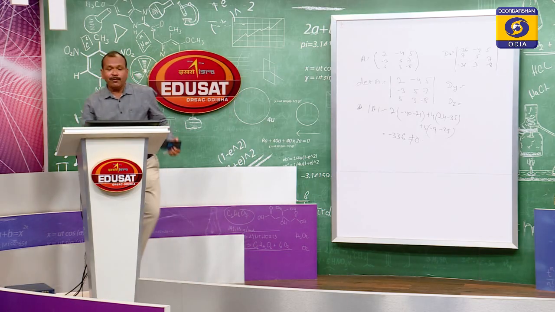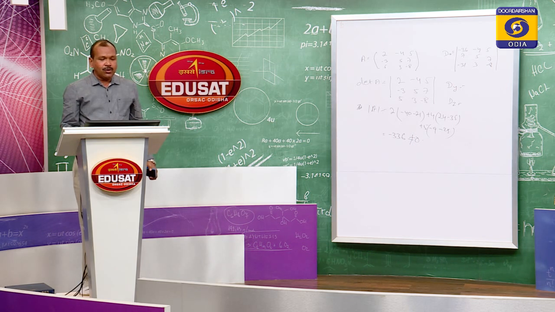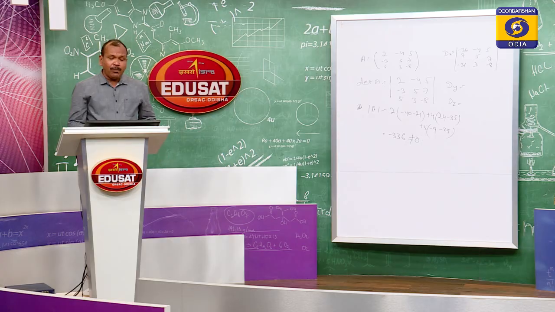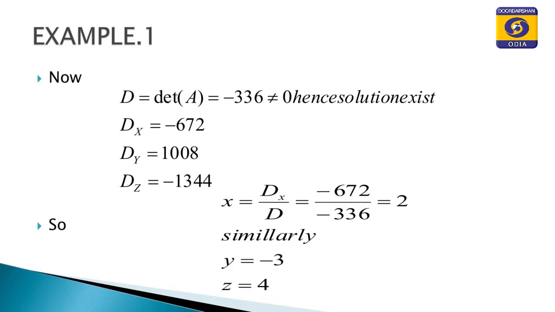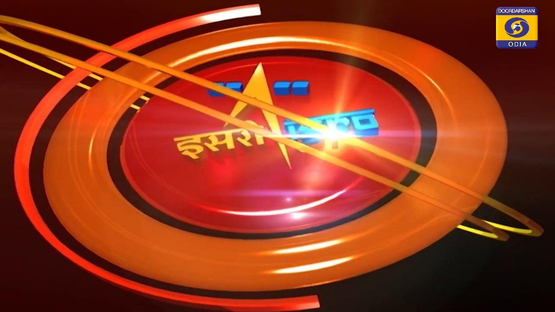Then we have the value of dx equal to minus 672, dy becomes 1008, and dz becomes minus 13544. Then x is equal to dx by d, that value becomes 2, and similarly y is equal to dy by d, that is equal to minus 3, and z is equal to dz by d, that is equal to 4.